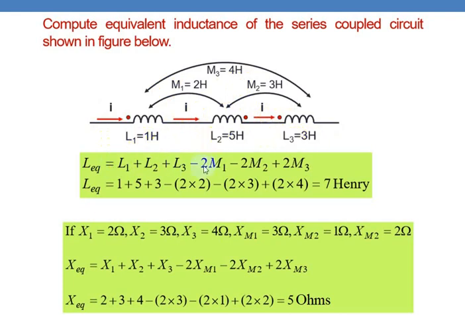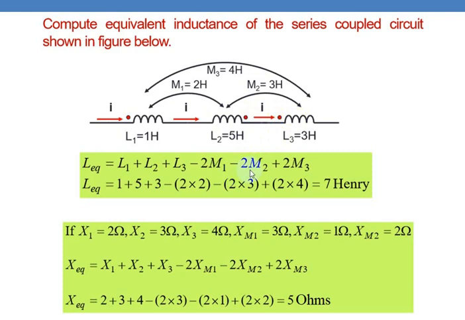To determine the polarity of the mutual inductance, M1 is between coil L1 and L2; the current is entering here and leaving from the terminal. Therefore, write minus 2M1. Similarly, for M2, you consider coils L2 and L3. Current is leaving from coil 2 and entering in coil 3.